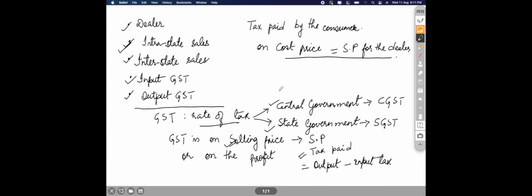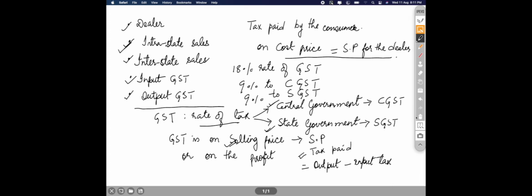So as I said, 50% will go to the central government and 50% will go to the state government. That means suppose 18% is the rate of GST. Fine. Then 9% will go to the central government as CGST, and the remaining 9% will go to the state government as SGST.